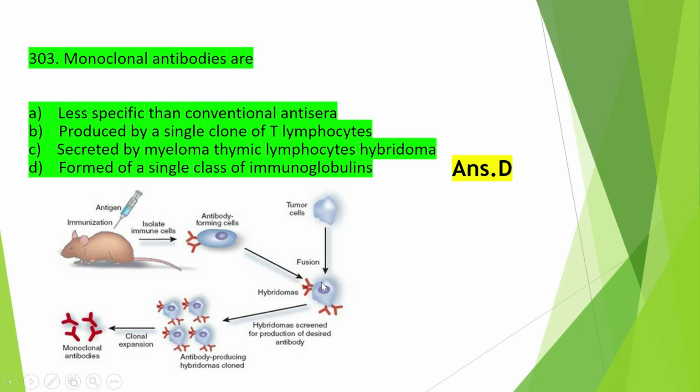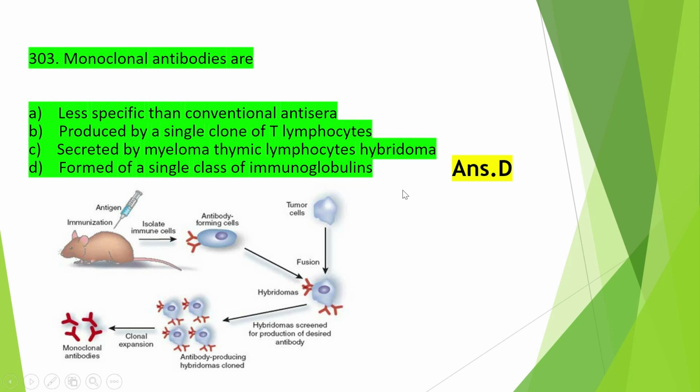After fusion they are called hybridomas. These hybridomas are screened for production of the desired antibodies, producing many antibody producing hybridoma clones, and from these we can isolate the monoclonal antibodies. So this is the procedure of producing monoclonal antibodies.